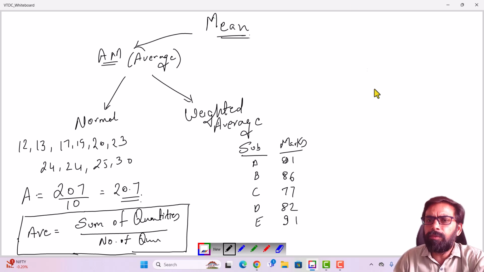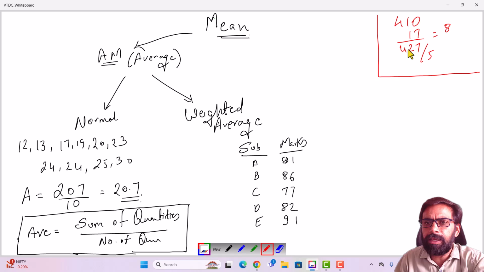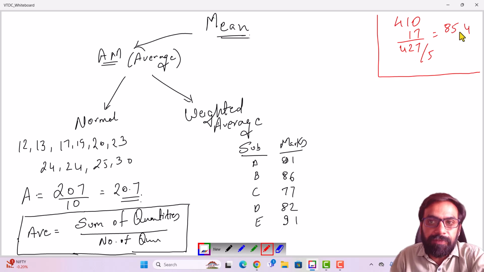Doing a bit of rough work, the sum comes out to be 427, divided by 5, which gives 85.4, the normal average over here.